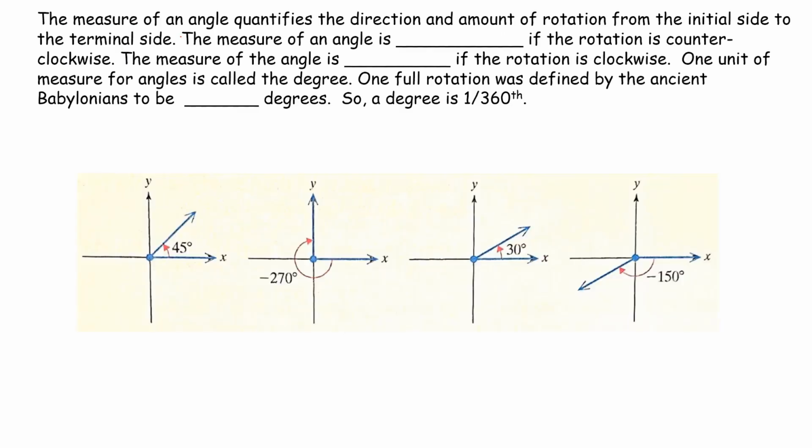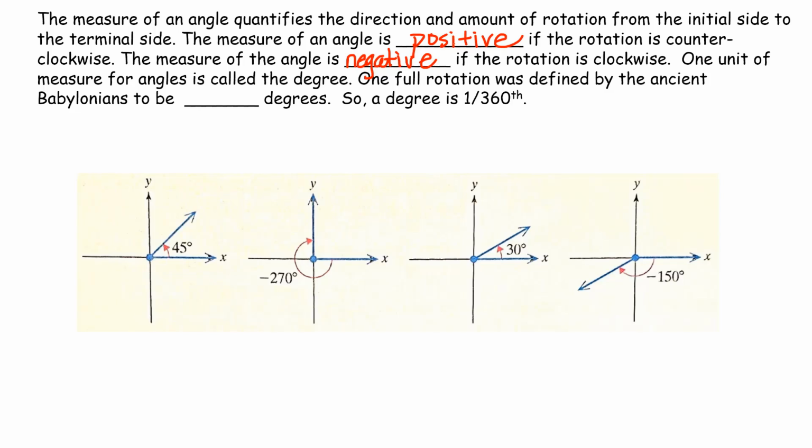All right, the measure of an angle quantifies the direction and amount of rotation from the initial side to the terminal side. So the measure of an angle is positive if the rotation is counterclockwise, and the measure of the angle is negative if the rotation is clockwise.